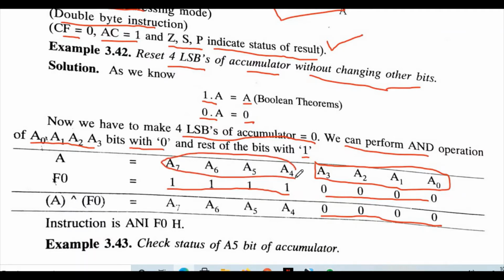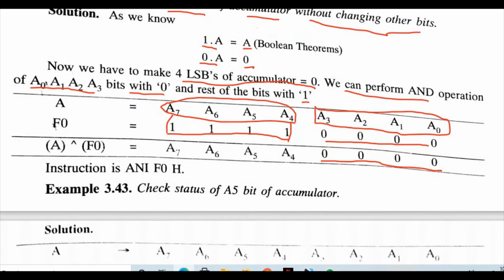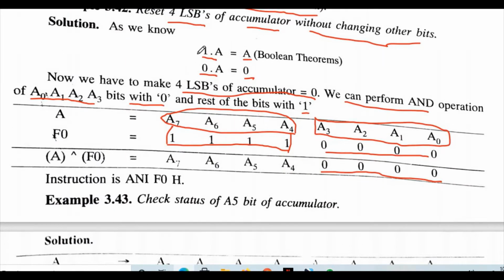So the instruction for the execution of this program will be ANI F0H. This 1111 will be F and this will be 0. If I do the ANDing of accumulator data with F0H, then my 4 LSBs will become 0 and 4 MSBs will remain unchanged as the requirement of the question.